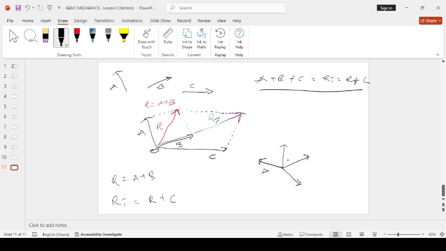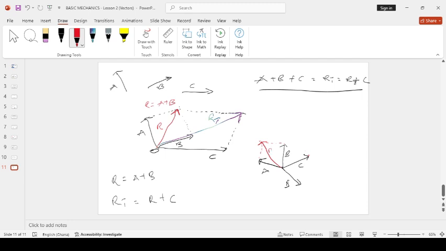See, A, B, C, D. Then using the parallelogram law, we are going to complete this one first. We complete this one, then we know that the resultant passes through here. That is for A and B. Now we add this resultant to C.